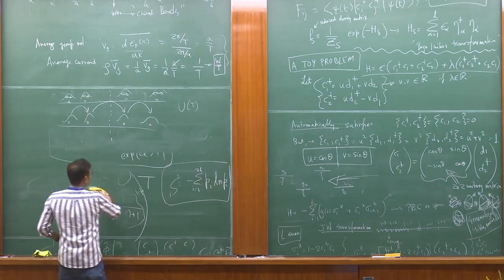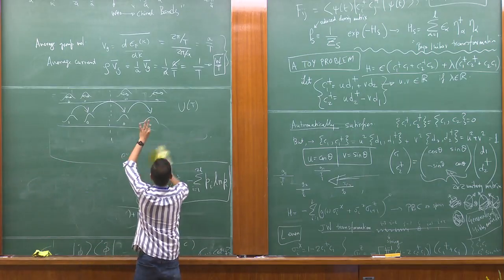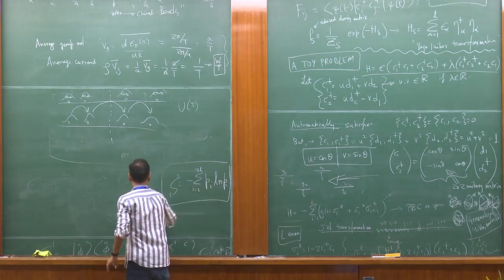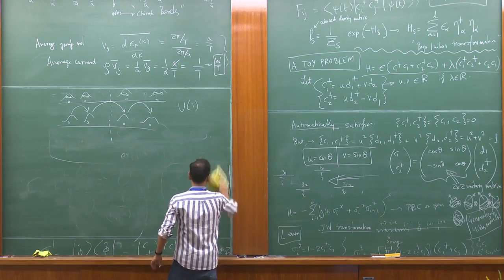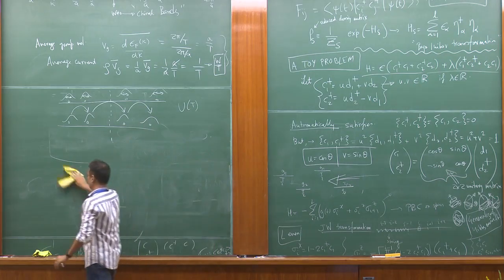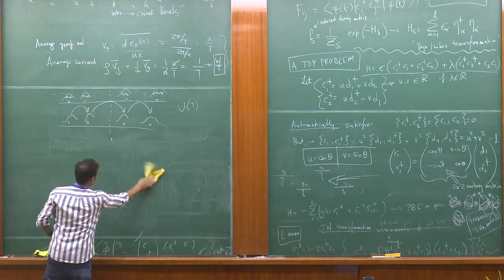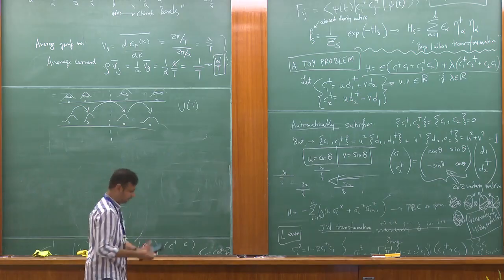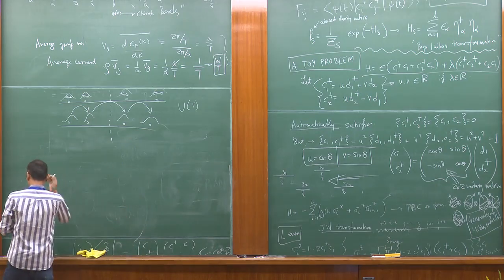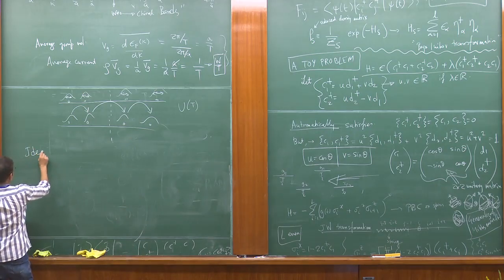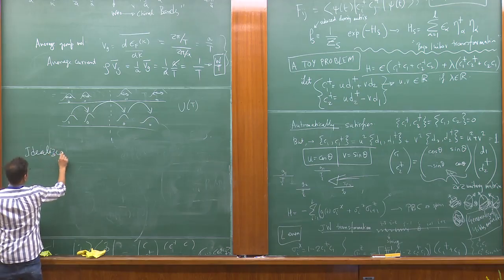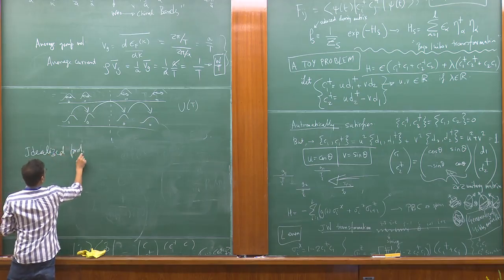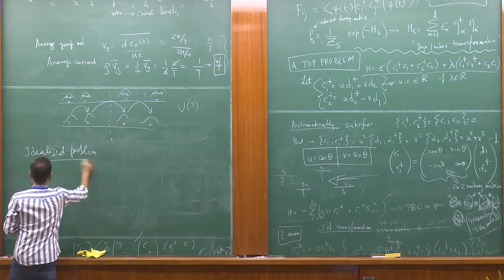I hope you see roughly why there are these important differences for non-interacting problems. Let me define this slightly idealized problem to show some of these chiral modes.